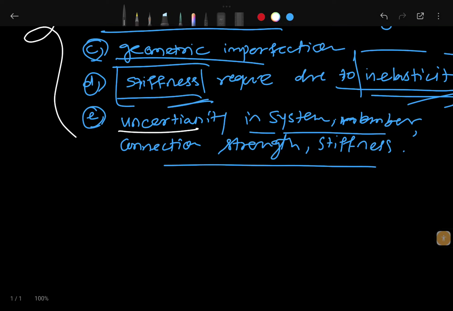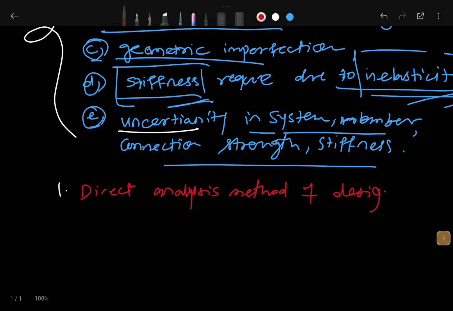Now we can see the methods. There are two methods available for designing general stability. First one is the direct analysis method of design.